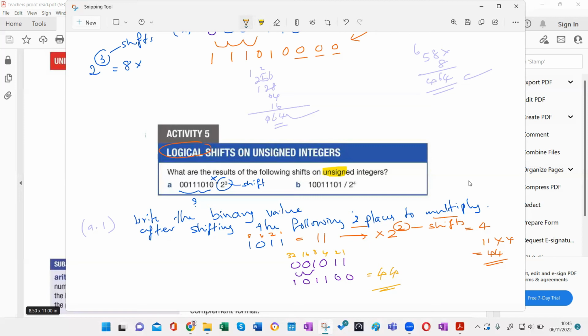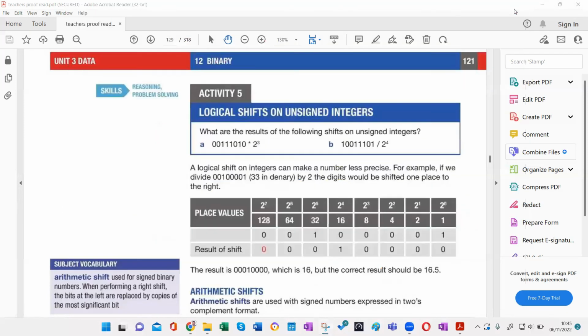Venu, what about you? Okay, great. Right, so I hope you understood the logical binary shift, right? And remember, logical binary shift is performed on unsigned numbers.